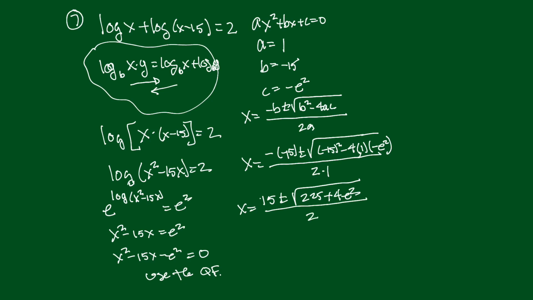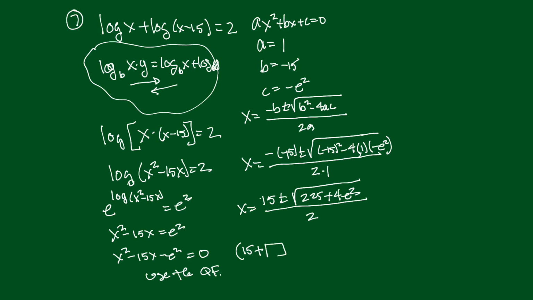All right, calculator time. I need that whole top to be divided, so I'm going to put in a parentheses. Then I'll put in 15. Now I'll do the plus one first. Plus, now I'm going to type in that square root. On my calculator, the square root is right above the x squared key.